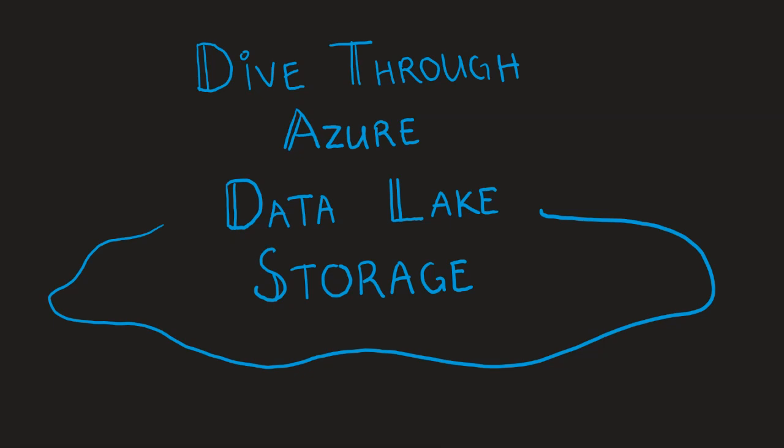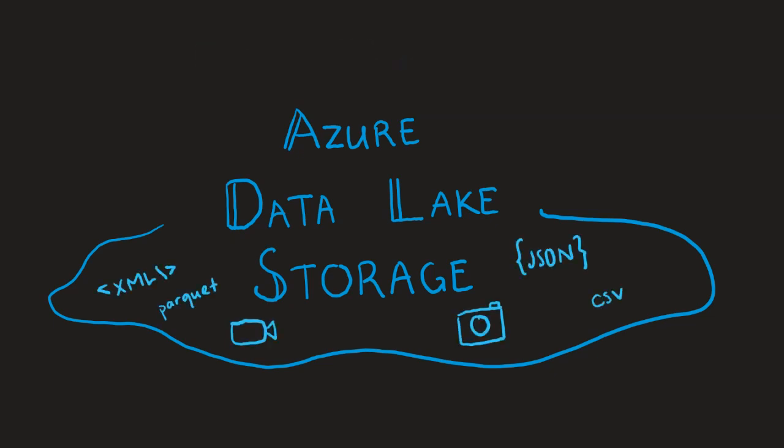Azure Data Lake Storage is interesting because it's one of those things that seems simple when you first look at it, because it's just storage. You can dump some files in there, and it doesn't really matter what format those files are in. So you have this flexibility: you can get XML and Parquet and JSON and CSV and so on, and even photos and videos.